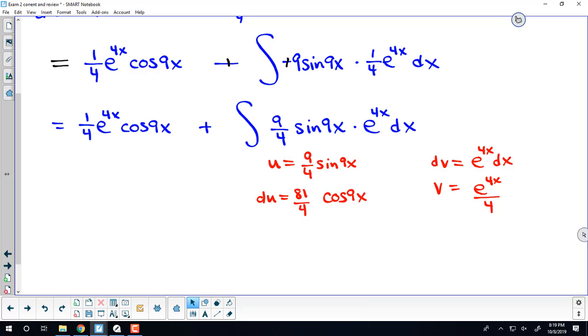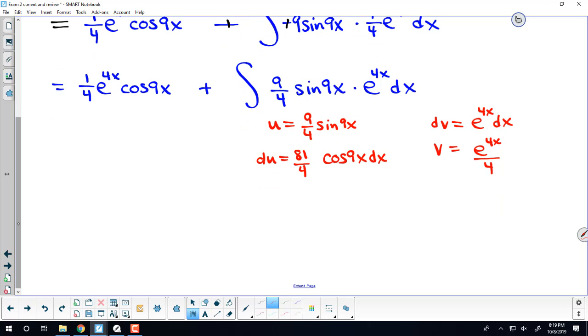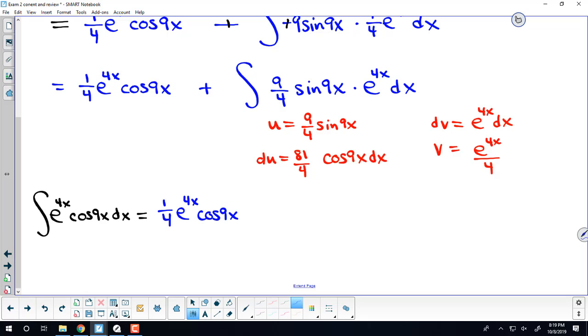Oh, that's together. Let's see if I can fit all this stuff in here. We're going to have this. Then plus, now that integral is turning into two separate pieces.